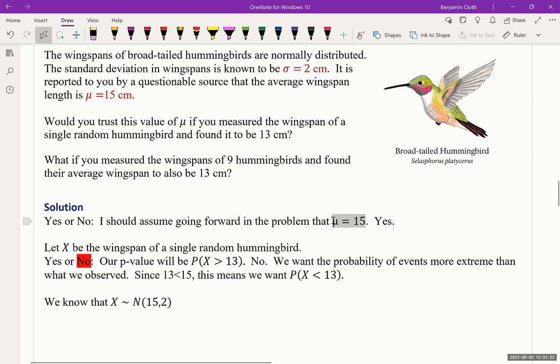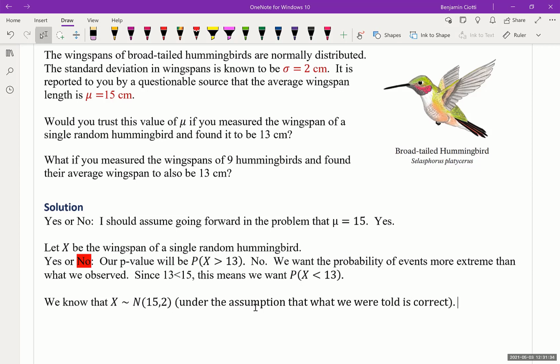That is, under the assumption that what we were told is correct. So our p-value is the probability that X is less than 13.